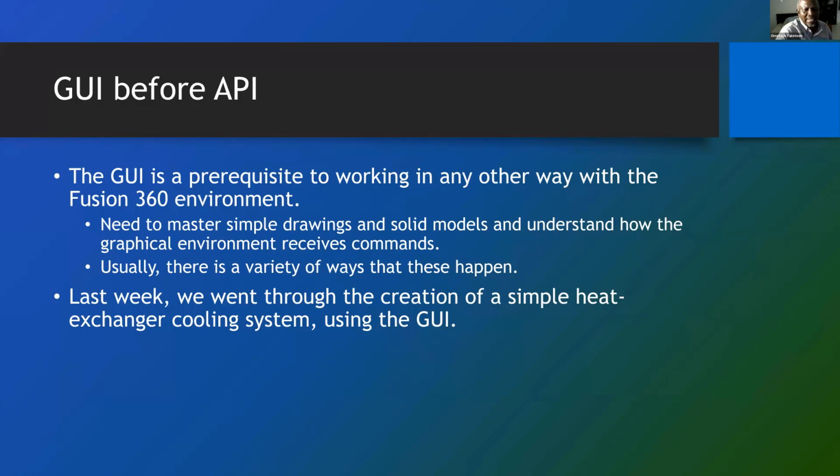Last week, for instance, we went through the creation of a simple heat exchanger in a cooling system using the GUI. Today, I'm going to take you through the same thing using the API. I chose this particular thing because it's a very simple example. It has maybe a simple rectangular extrusion for the body.